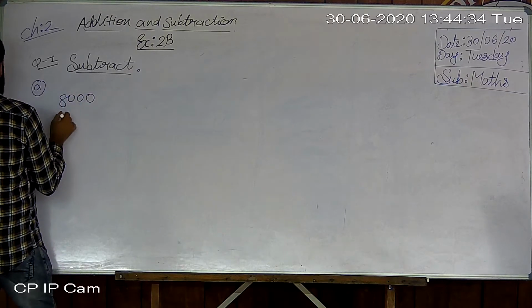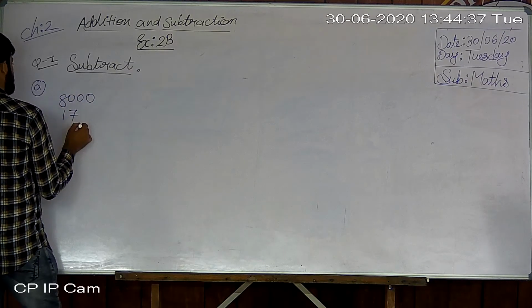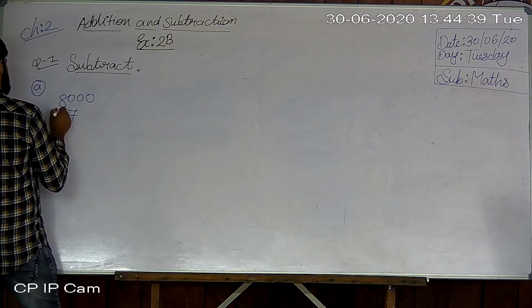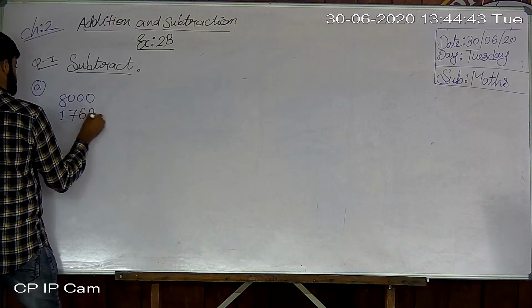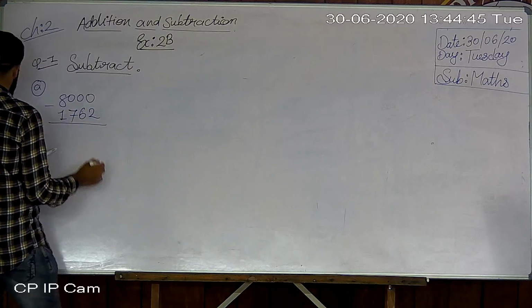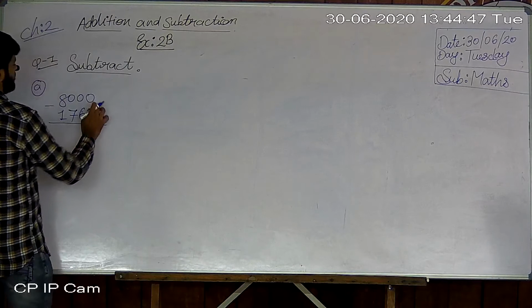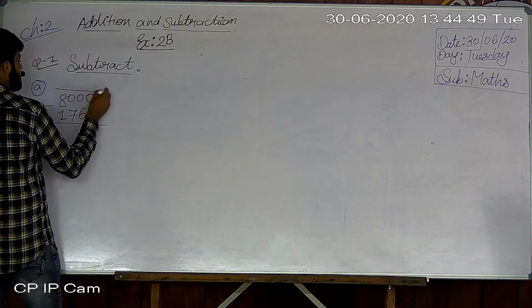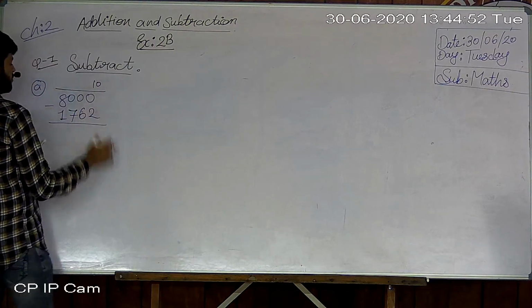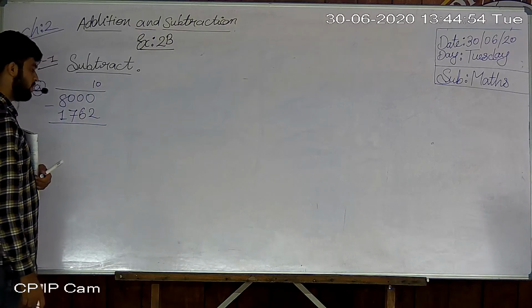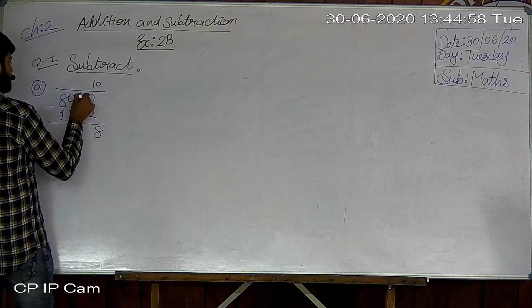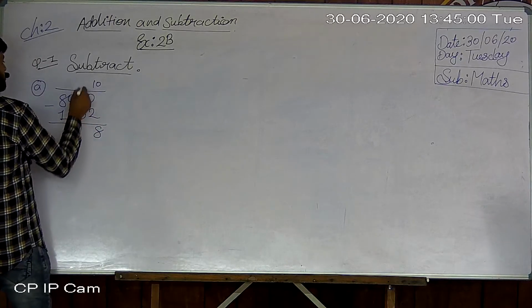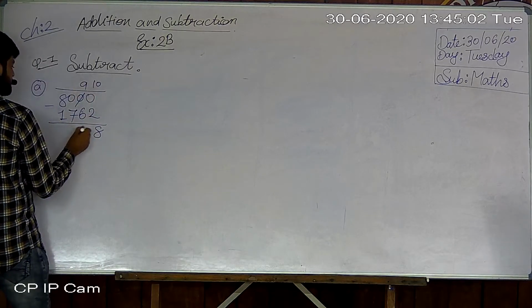Here, which method are we applying? Subtract with the 0. All students, now see 0 minus 2, how many? Not possible. So what are we doing here? Borrowing. So 10 minus 2, 8, and further which digit is here? 0. So we put a 9, 9 minus 6, 3.